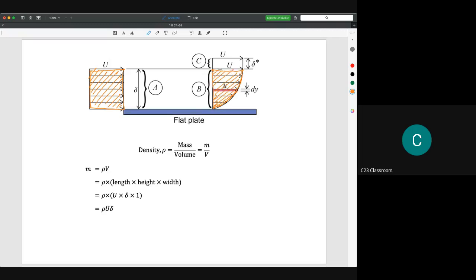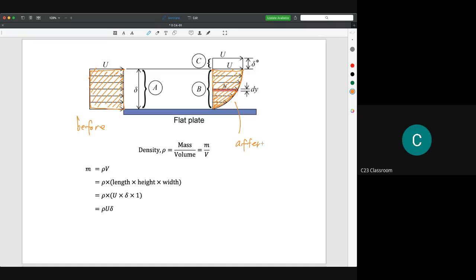So the mass before entering the flat plate and the mass after it flows on the flat plate are not the same. It is weird when we do physics calculation, but the conservation of mass is not fulfilled, it's not conserved.